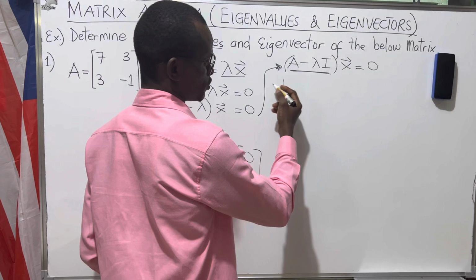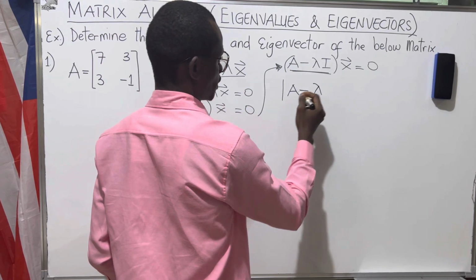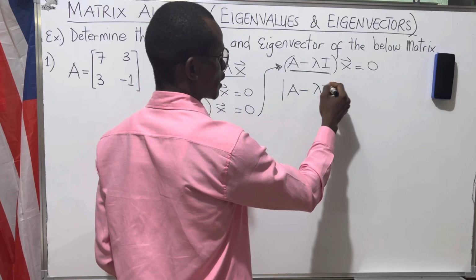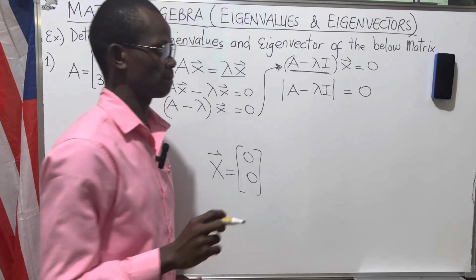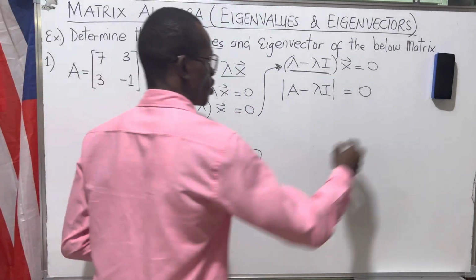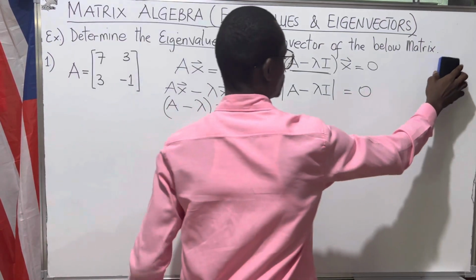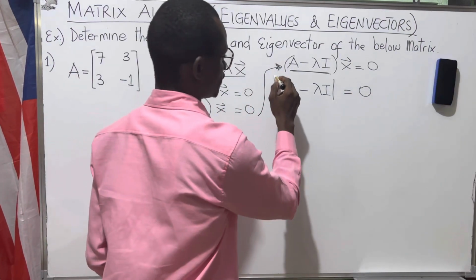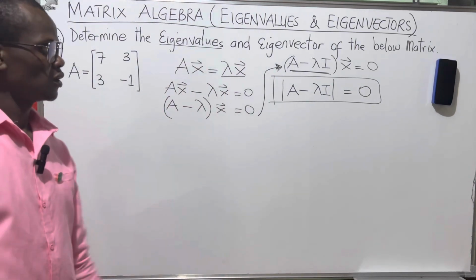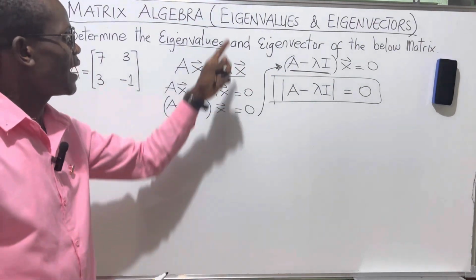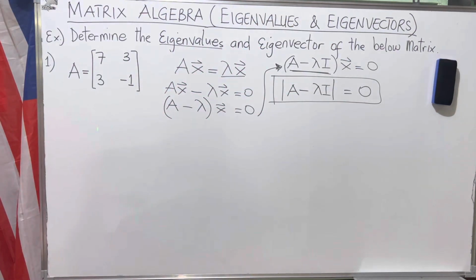We use the absolute value symbols: the determinant of A minus lambda times I equals 0. We want to manipulate this equation so that we can obtain some eigenvalues that will be used to determine the eigenvectors.